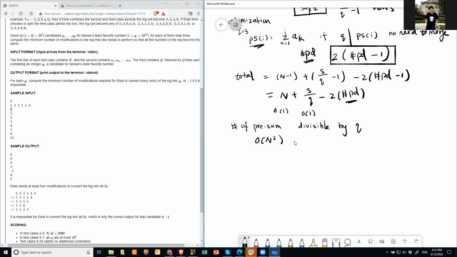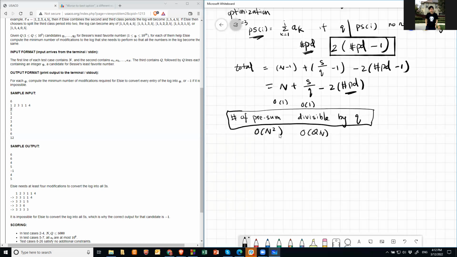Okay, so you can do it in O(Q·N), right? So N squared. That's obviously too slow. Now the question is basically, how do I calculate this faster? That is basically the question.